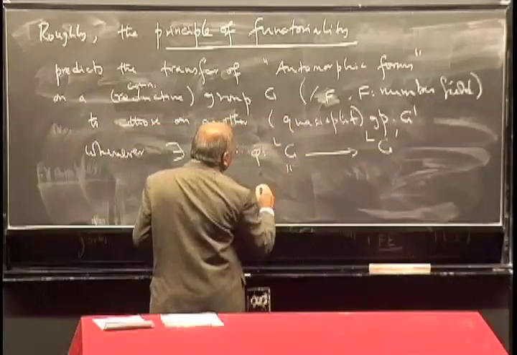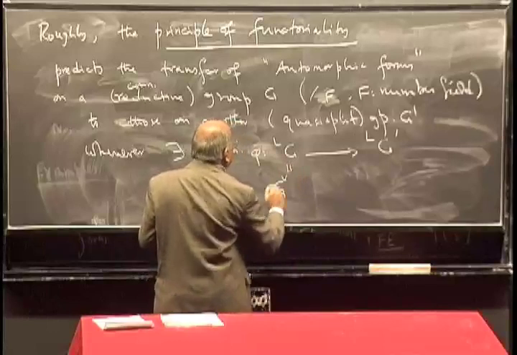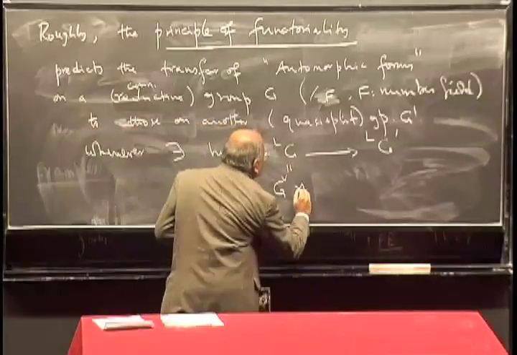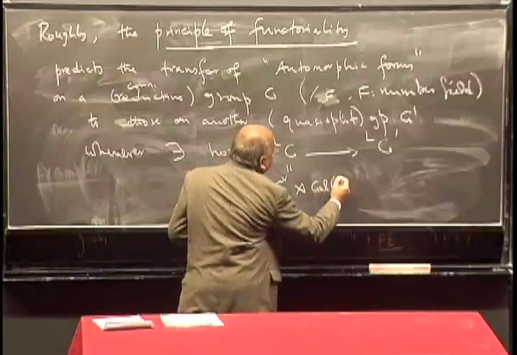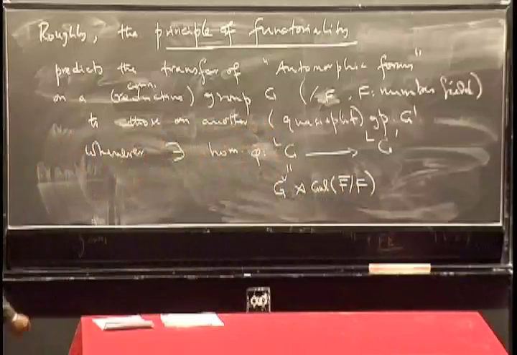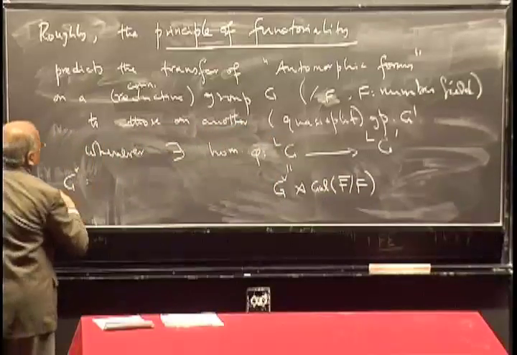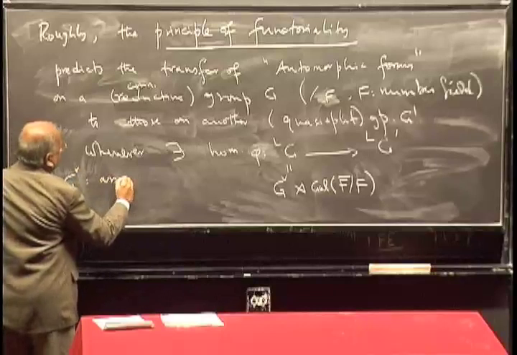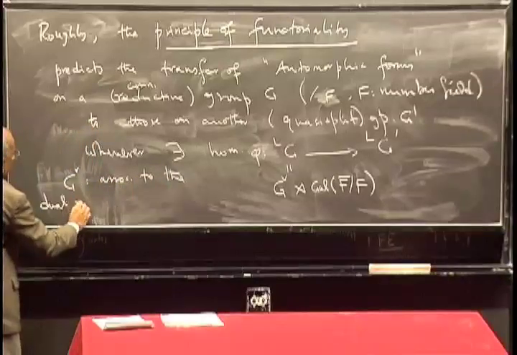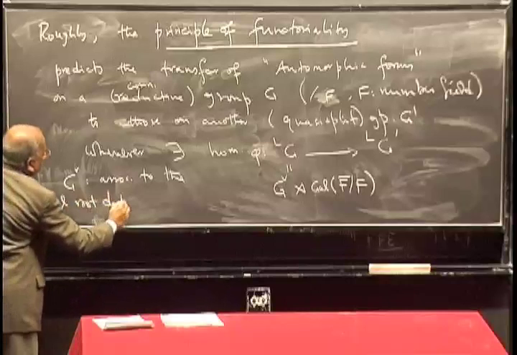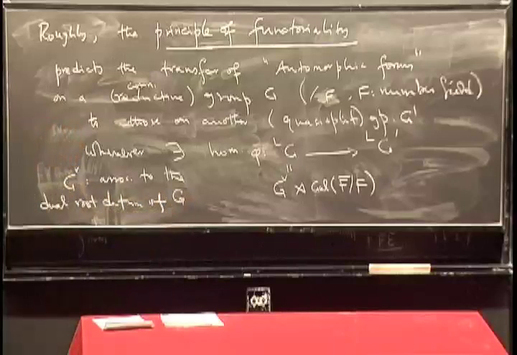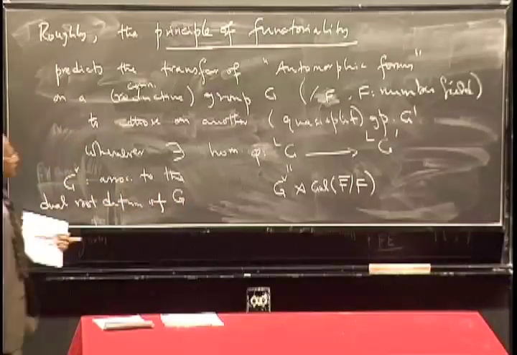So this dual group has a complex reductive group G check and an action by the Galois group, and this G check is associated to the dual root datum of G. And so this is a complex reductive group.